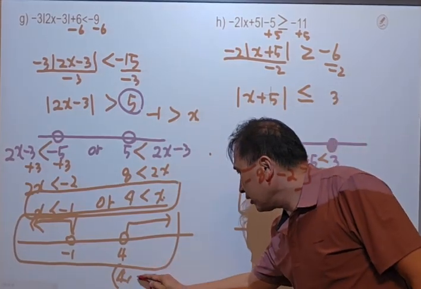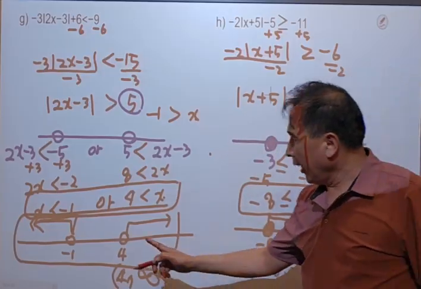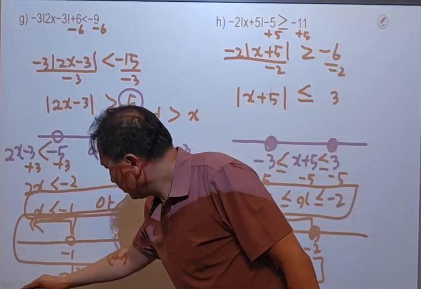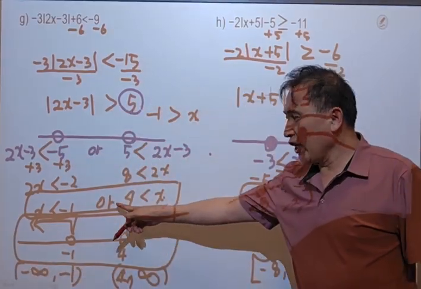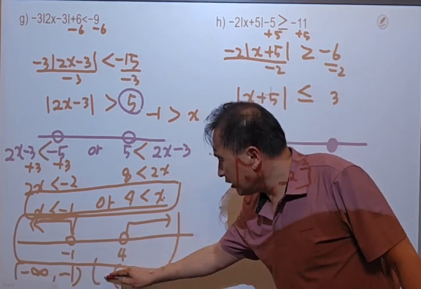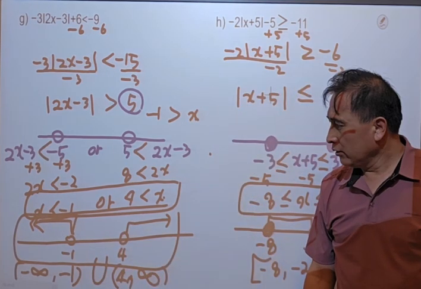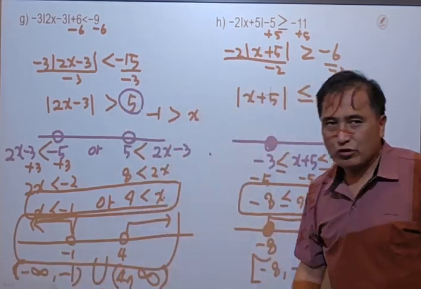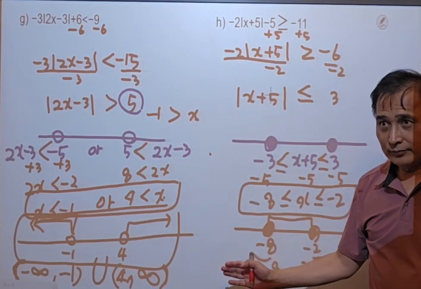Then we write it as infinity. And on that side, negative 1, it keeps on going smaller, that's negative infinity. And or means union. Is that a bracket or a parenthesis? All the time, infinity and negative infinity use parentheses because they're not numbers. Everybody got that? Okay.